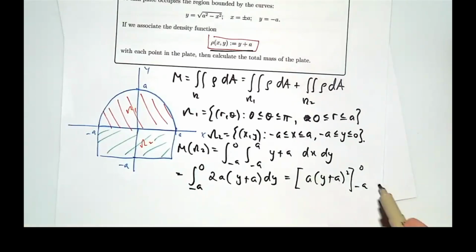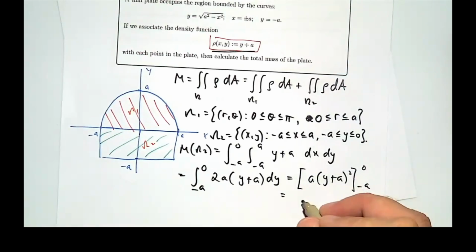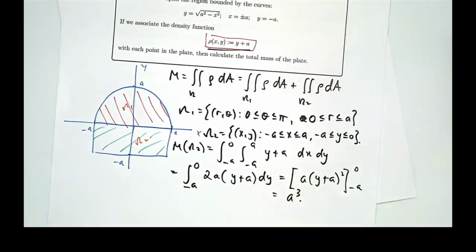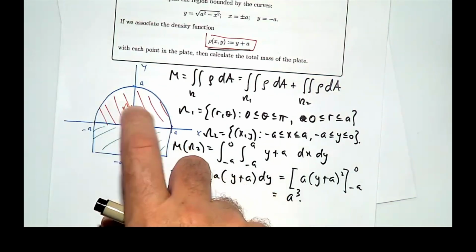Okay, you put that in, you'll get some cancellation in the second term, but the first term gives you a cubed. So with that density function, the total mass of that bottom part of the plate is a cubed in the appropriate units. Okay? Let's do the mass of the top, and then we'll add the two masses together.